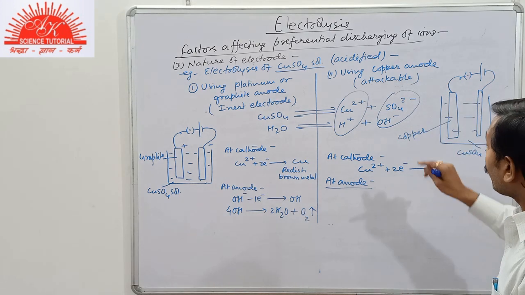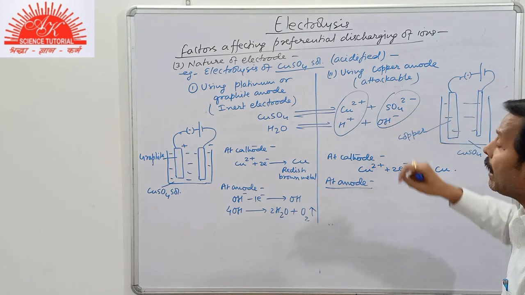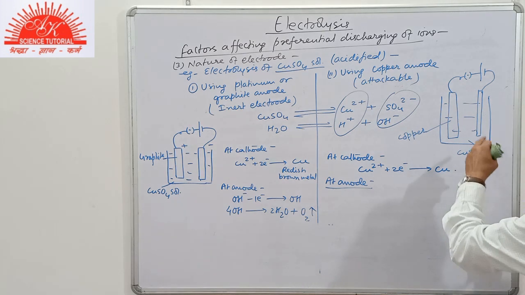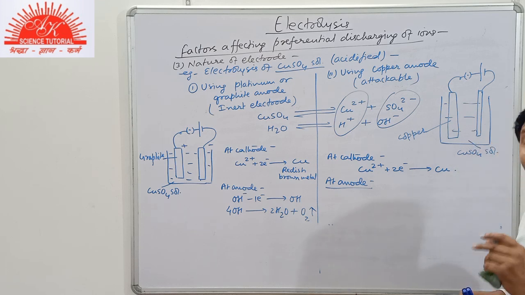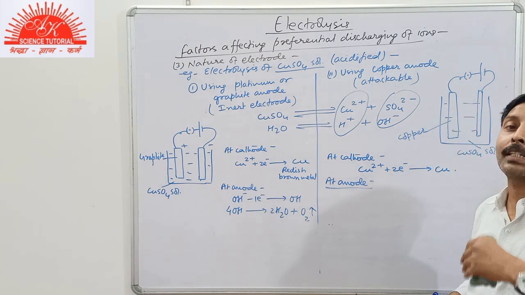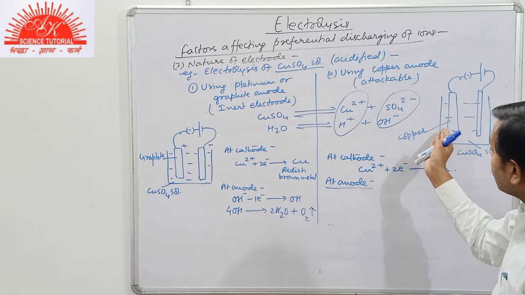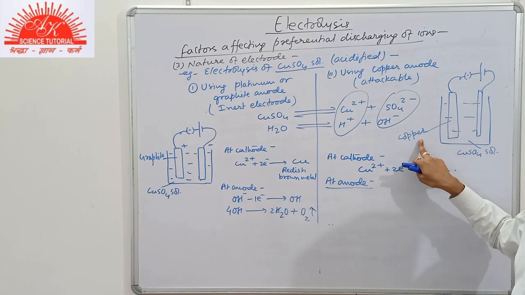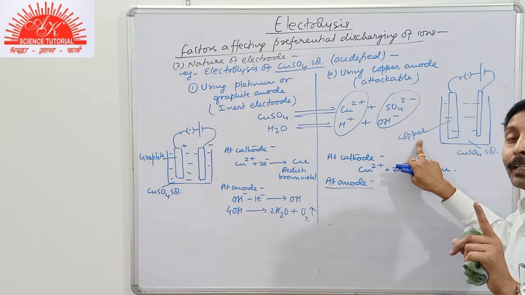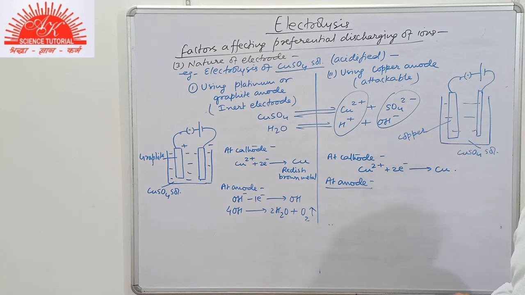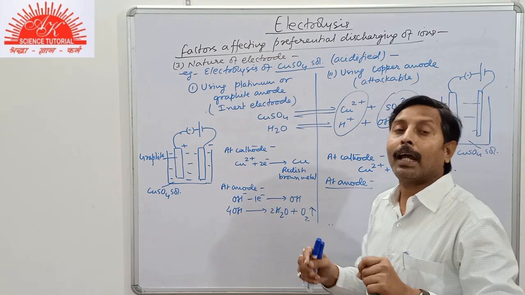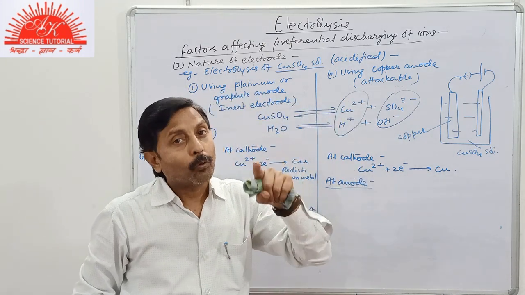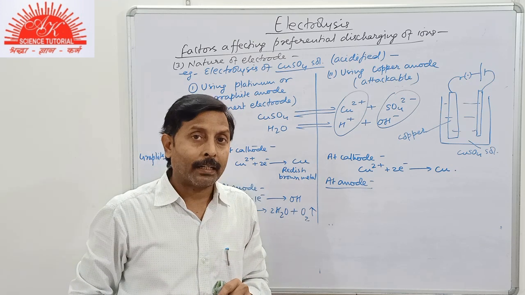Now you see that sulfate ion and hydroxide ion both migrate towards the anode, but neither one of them is discharged, because anions will have to lose electron, and as we know that metal itself is electropositive in nature, means copper metal has greater tendency to lose electron than OH- ion or sulfate ion.